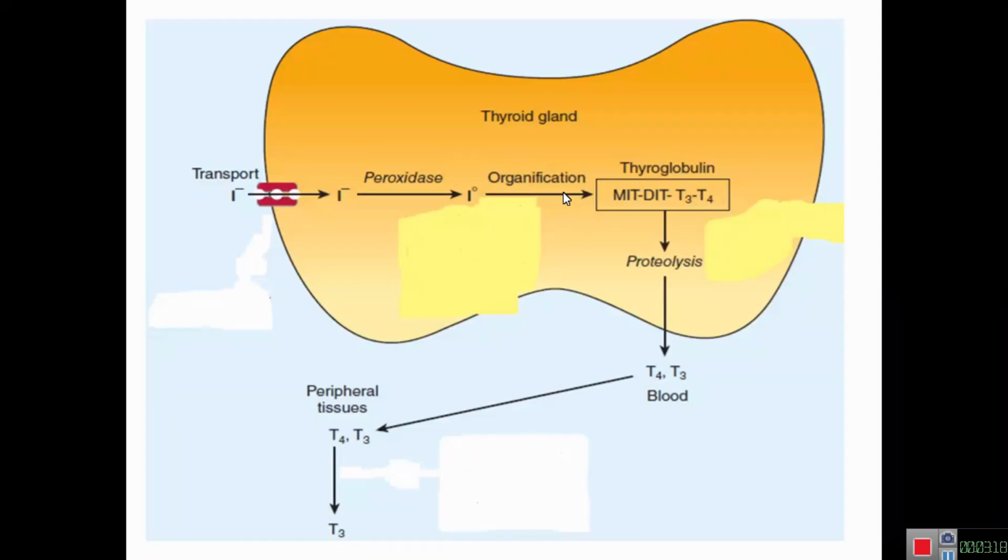Now we are going to focus on how the thyroid hormone concentration gets reduced, or how we are going to lower the concentration of thyroid hormones in the body. If we look at this picture, we are going to fit the names of the drugs onto it.